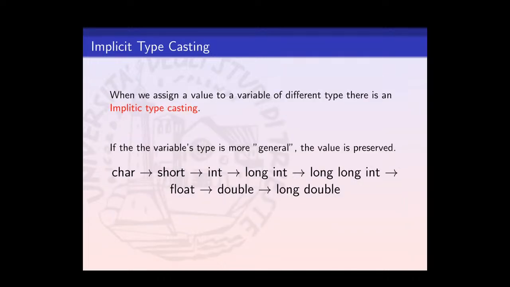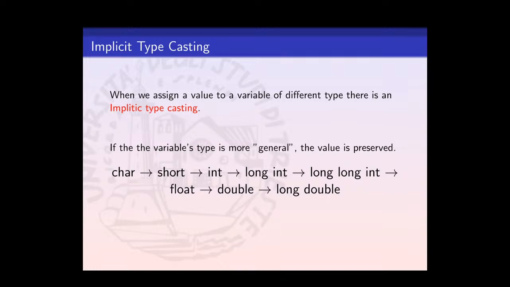Okay. Now, in the C programming language, of course, we have something called casting. What is casting? Casting means that you magically transform a data type into another data type.